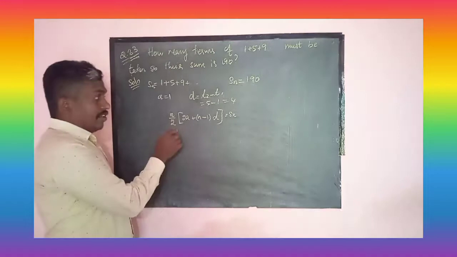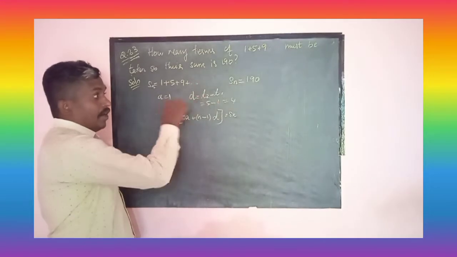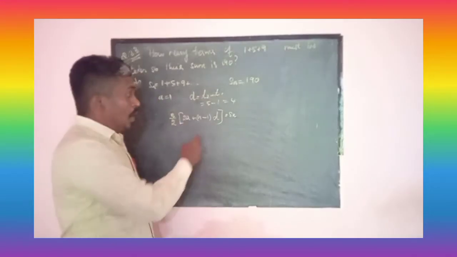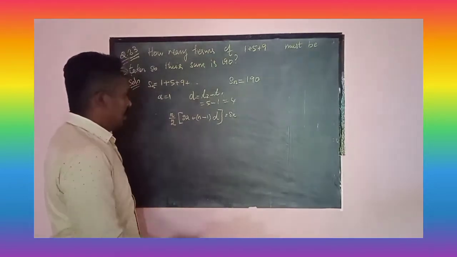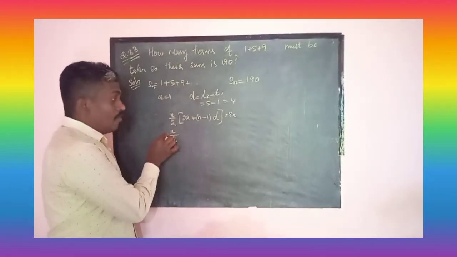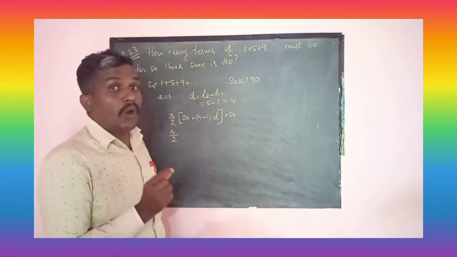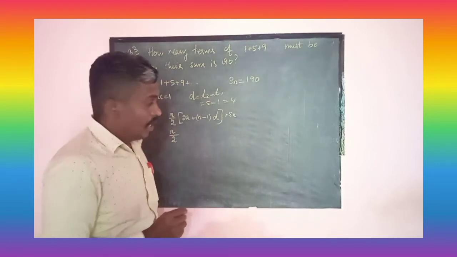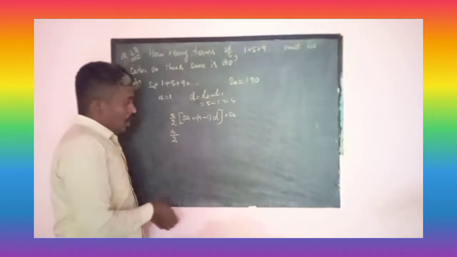Now we will substitute the values. We have n/2, where n is the number of terms, which we want to find out.